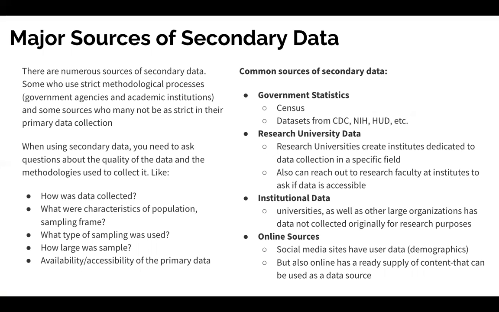On a logistical tip, you want to make sure that the primary data is available and accessible. Just because it exists doesn't mean that you can access it, or that it's public and free.